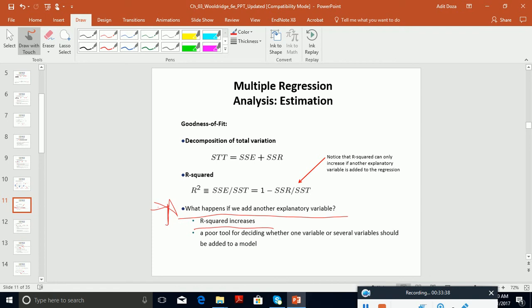But is it logical to just add randomly any explanatory variables just to make your R square bigger? No, right? Maybe it's increasing the R square, but maybe it's not improving the model. You can add a lot of variables, like instead of 5 variables in your model, you can include 30 variables. That may not necessarily improve the model.